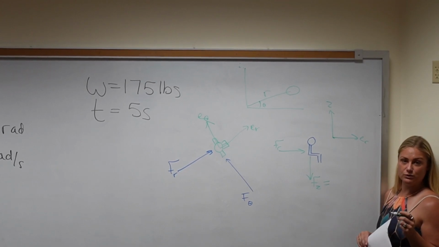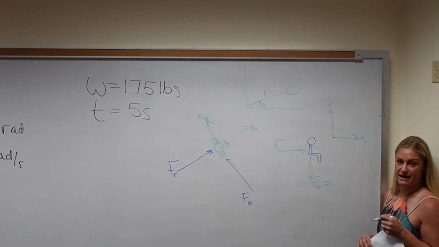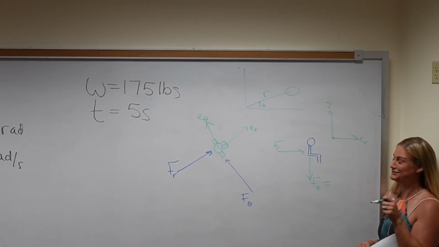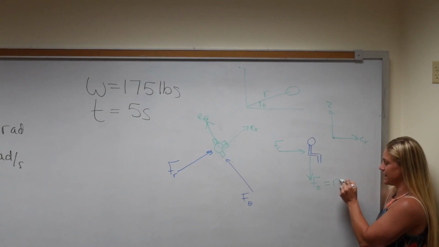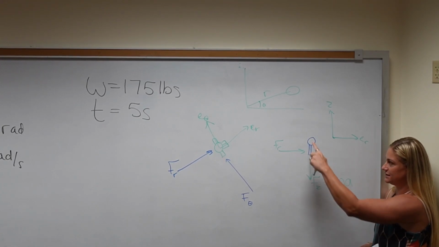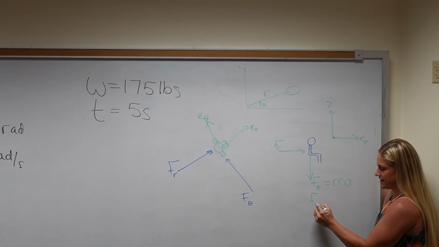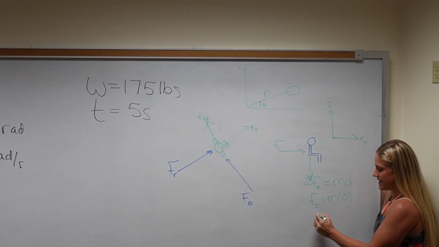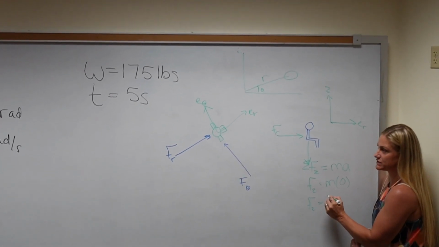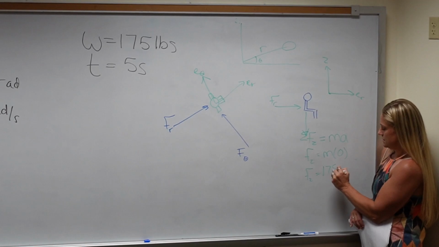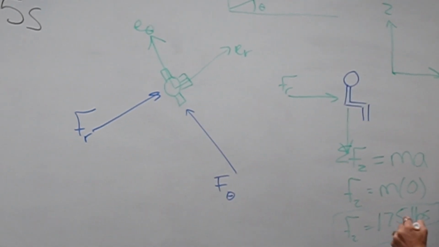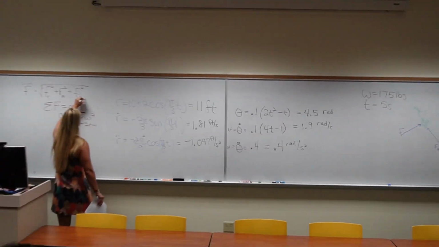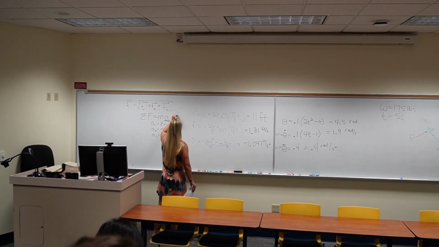If I set up Newton-Euler's equation, F equals ma, is he accelerating? Does he have hydraulics? No. So the sum of the forces in the z direction equals m times 0. So F_z equals weight, which was, how much did this person weigh? 175. All right, so I already got one of my unknowns. So this is going to be 175 pounds.